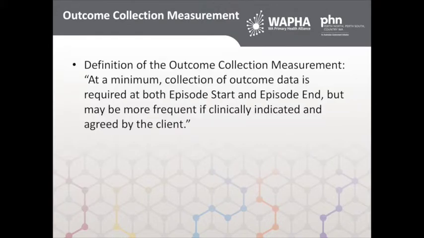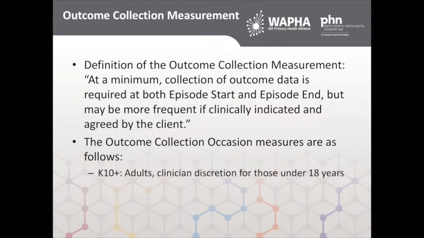The definition of the outcomes collection measurement is that at a minimum, collection of outcome data is required at both the episode start and the episode end, but may be more frequent if clinically indicated and agreed by the client. This means that there must be a matched pair of outcomes measurements.